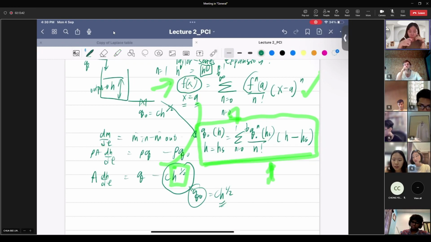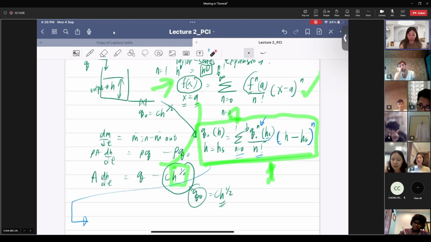Okay, so recap. This is the derivative, then the h inside you substitute with the answer hs. This is the n factorial, and this is h minus hs to the power of n, and this is the summation. If you expand this equation, you have to include n from 0 to 1.